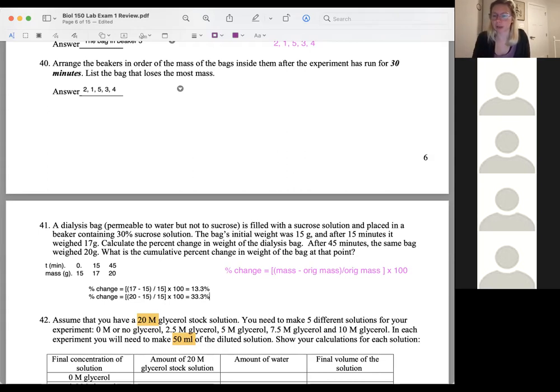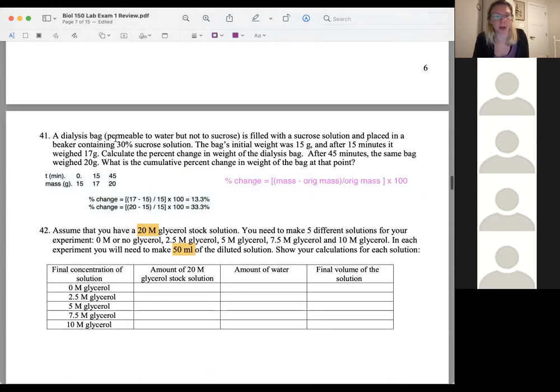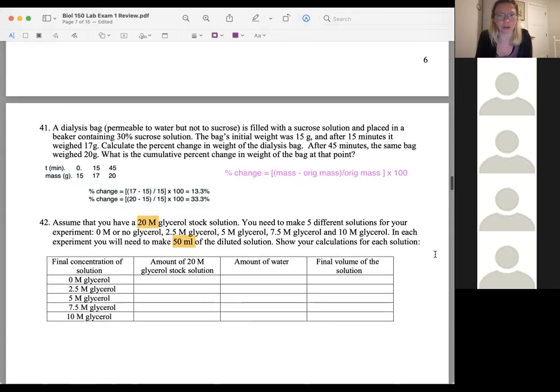All right, so I'm going to take that silence as a very good sign. Let's just keep on going. This 41 is definitely a problem you'll see on your lab exam. So you'll want to memorize this formula if you haven't already. So just make a little mental note of that.